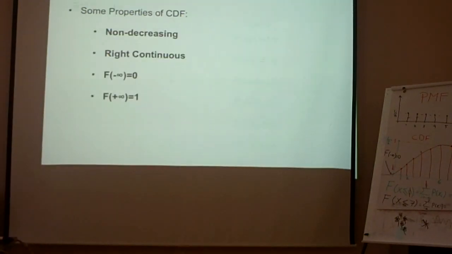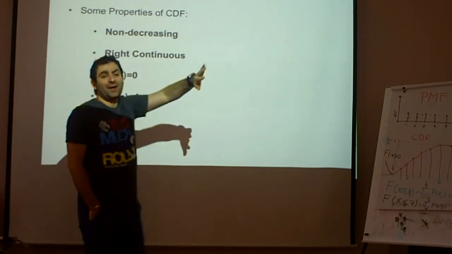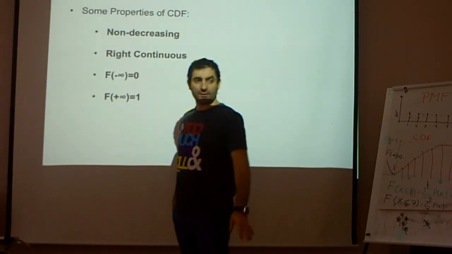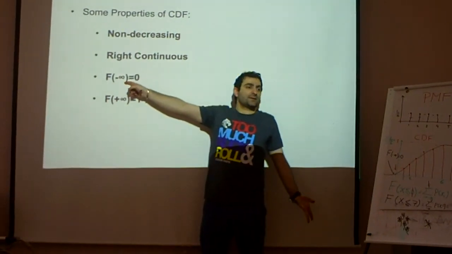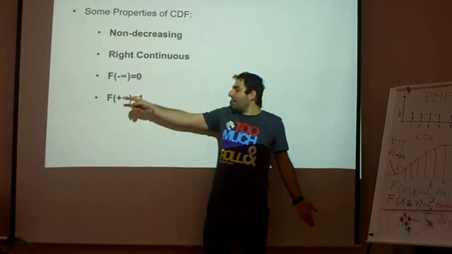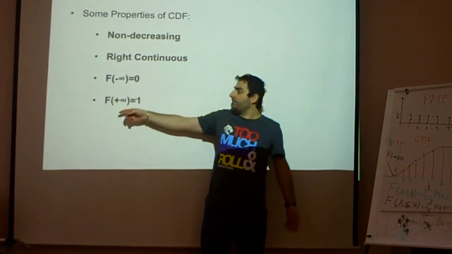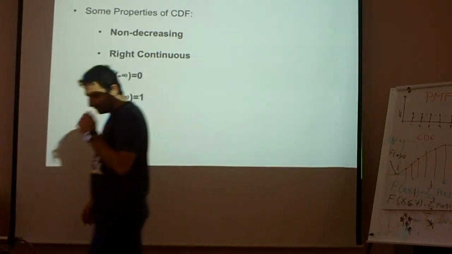In other words, there are some properties that you have to know. It is always non-decreasing because probability is either 0 or positive. At minus infinity we have 0 because we don't have anything. At plus infinity we have 1 because everything has happened. And it is right continuous. We don't talk about right continuous and left continuous now.